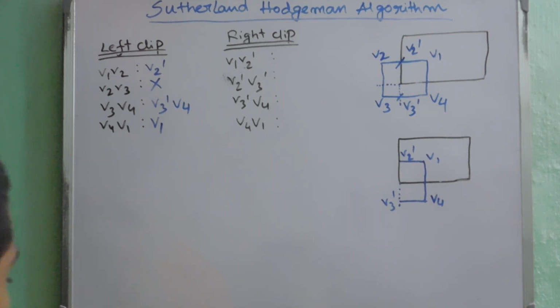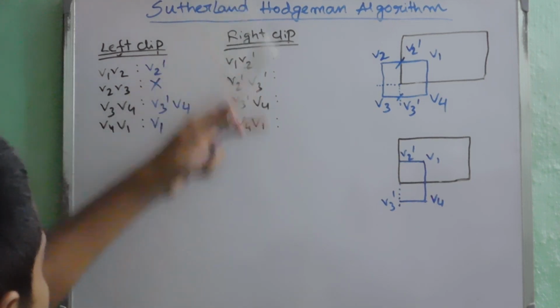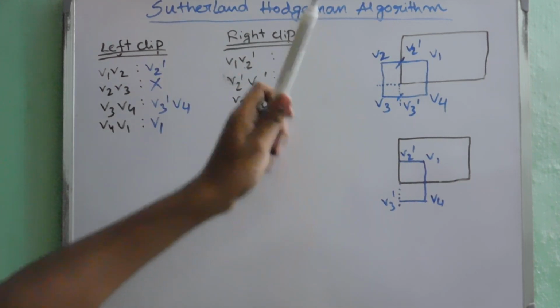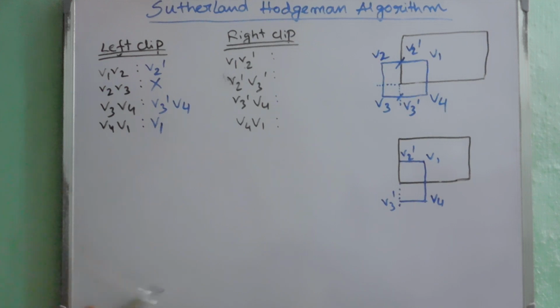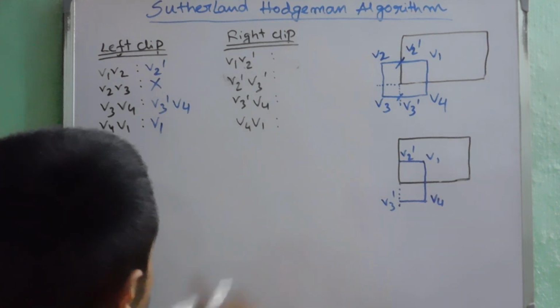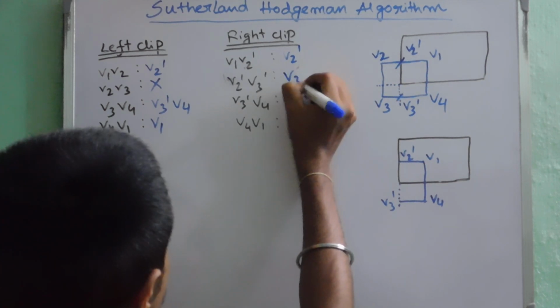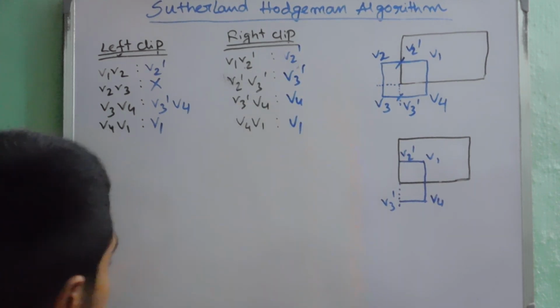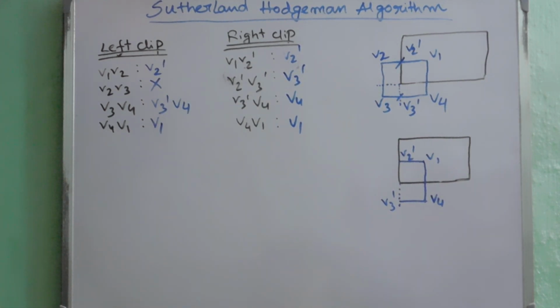So we will just write the second endpoints, as this follows the case where all the points are inside the boundary. So this will be V2 dash, V3 dash, V4 and V1. This will remain as it is and move to the next step, the top clip.